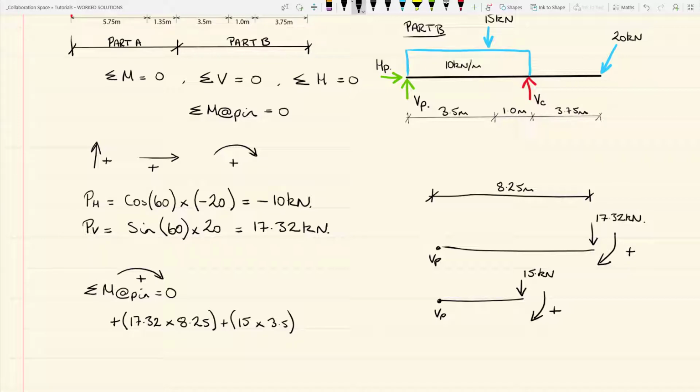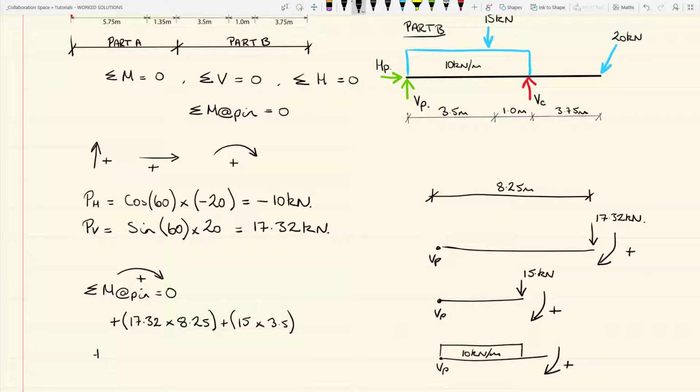The other load we have is the UD load. So again, we'll have a pin, there's VP. There's a section of the beam, and we have a UD load acting along part of that beam, and that is 10 kilonewtons per meter. And as with the others, that is trying to rotate the beam in a clockwise direction, so it is positive.